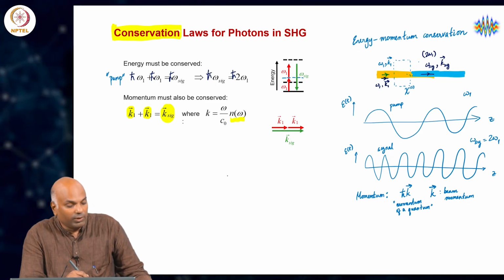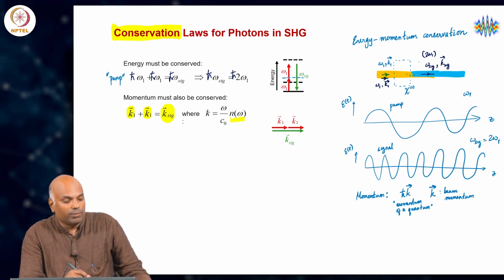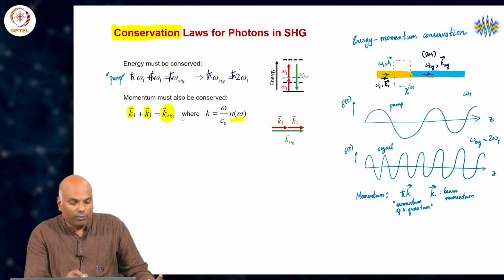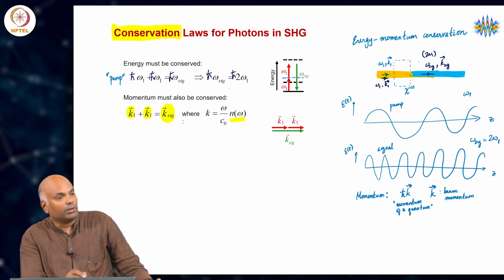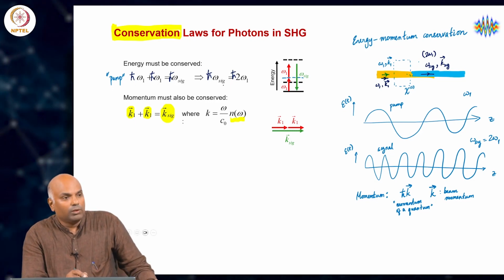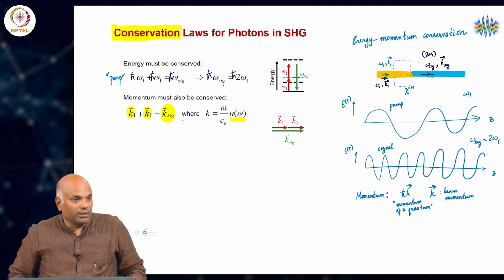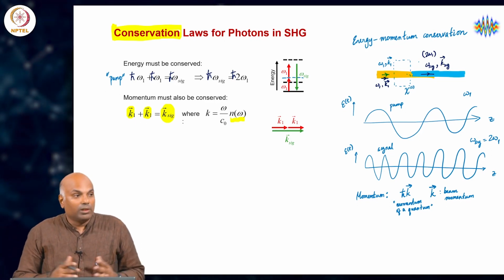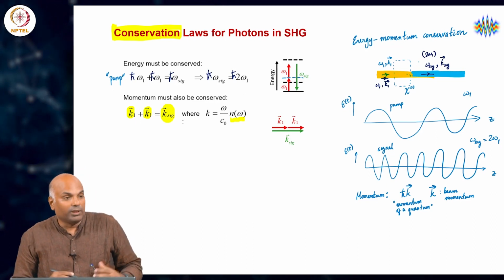So, h bar omega 1 plus h bar omega 1 gives h bar omega signal. H bar omega signal is twice h bar omega 1. So, we have conserved energy naturally in generating second harmonic. How do we conserve momentum? Do we conserve that at all, or do we have the case for a breakthrough of something like violating this?